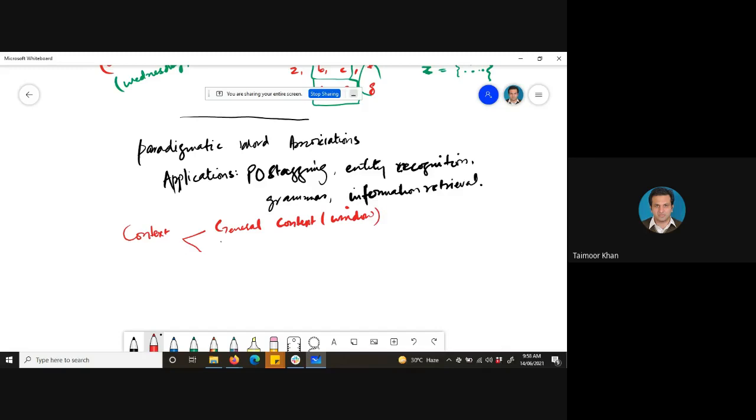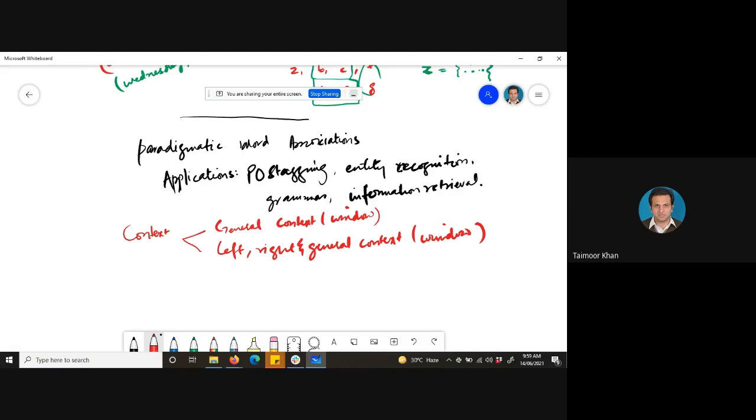Or we may also have the left, right, and general context. Of course, the second one is computationally more expensive, and it's also going to give you more information as compared to the first one.